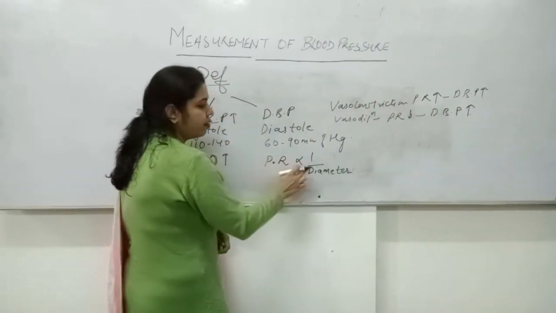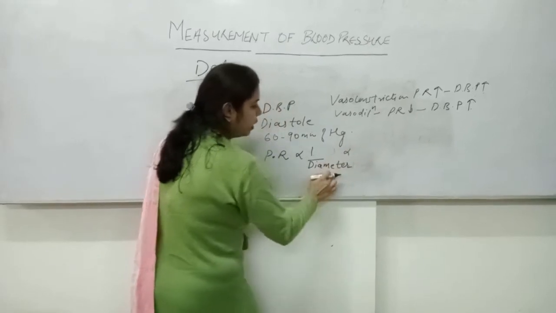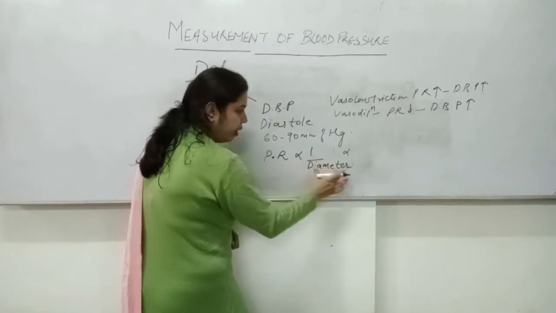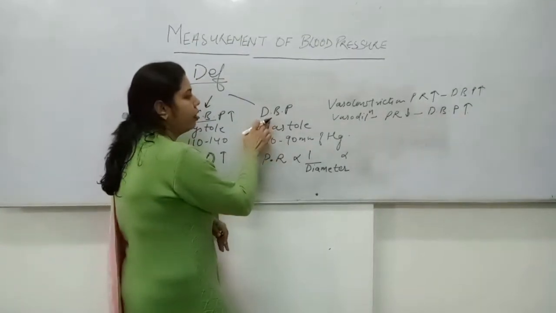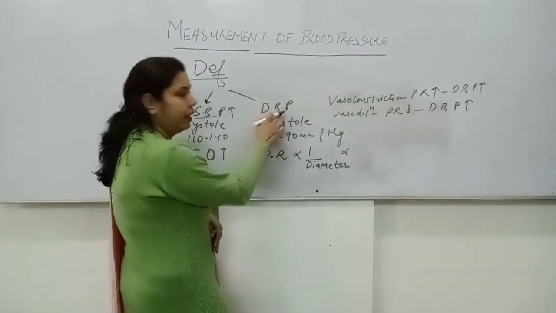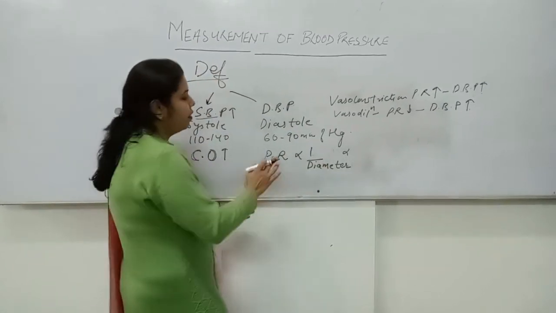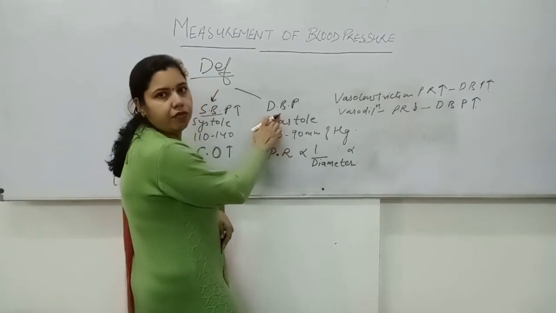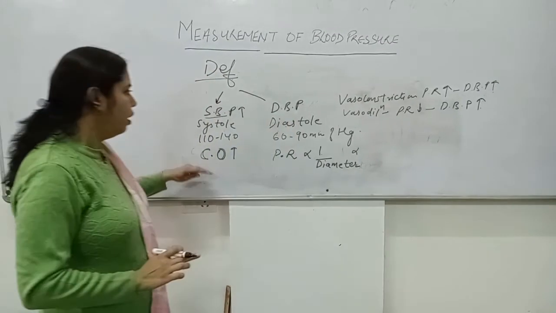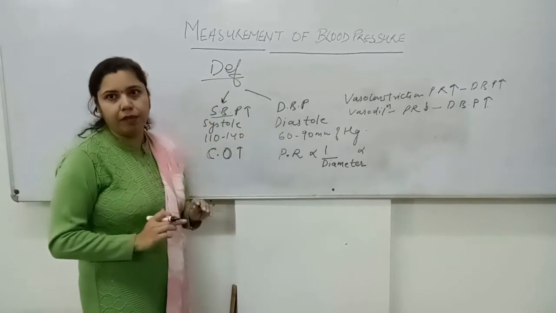So peripheral resistance is inversely proportional to the diameter, and whenever the diameter of the blood vessel decreases, your diastolic blood pressure will increase. Whenever the diameter of the blood vessel increases, since peripheral resistance decreases, your diastolic blood pressure will fall. So these are the two factors which affect the systolic and diastolic blood pressure.